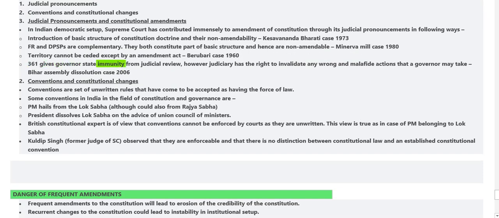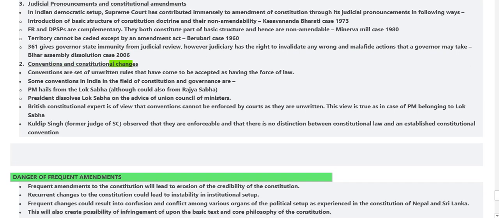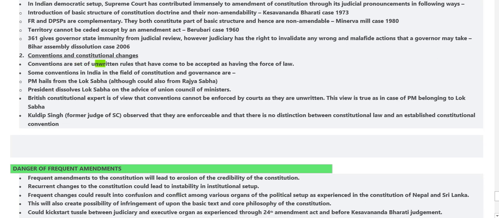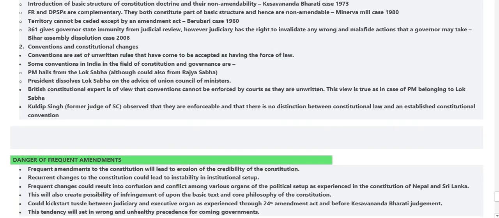They both constitute part of basic structure and hence are non-amendable, Minerva Mills case 1980. Territory cannot be ceded except by an amendment act, Berubari case 1960. Article 361 gives governor state immunity from judicial review, however judiciary has the right to invalidate any wrong and malafide actions that a governor may take, Bihar Assembly dissolution case 2006.